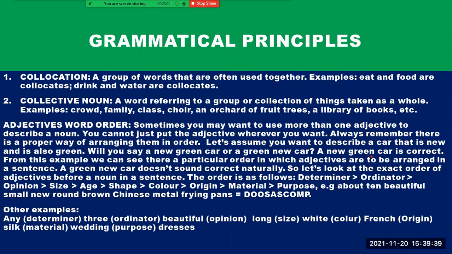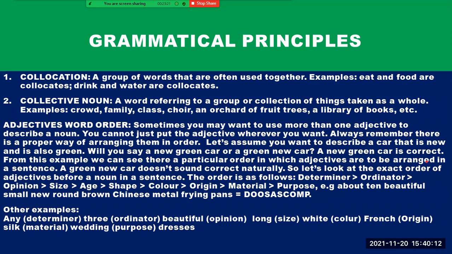Now, a new green car is correct. And from this example, we can see that there is a particular order in which adjectives are to be arranged in a sentence. A green new car doesn't sound correct naturally, because green is an adjective of color and new is an adjective of age, and in the proper order of adjectives, age comes before color.